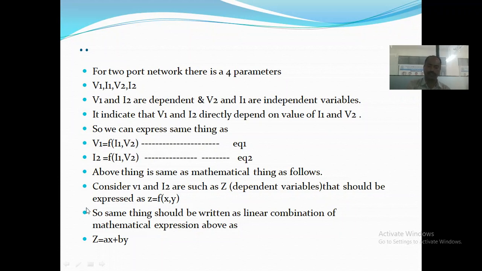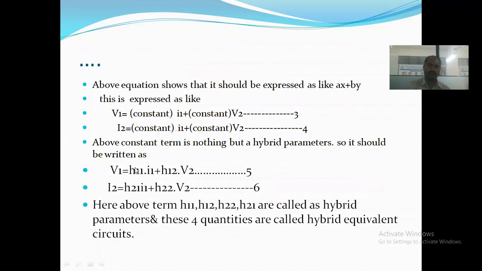Here x indicates I1 and y indicates phi2, and a and b are constant terms. So phi1 is a constant multiplied by I1 plus a constant multiplied by phi2.